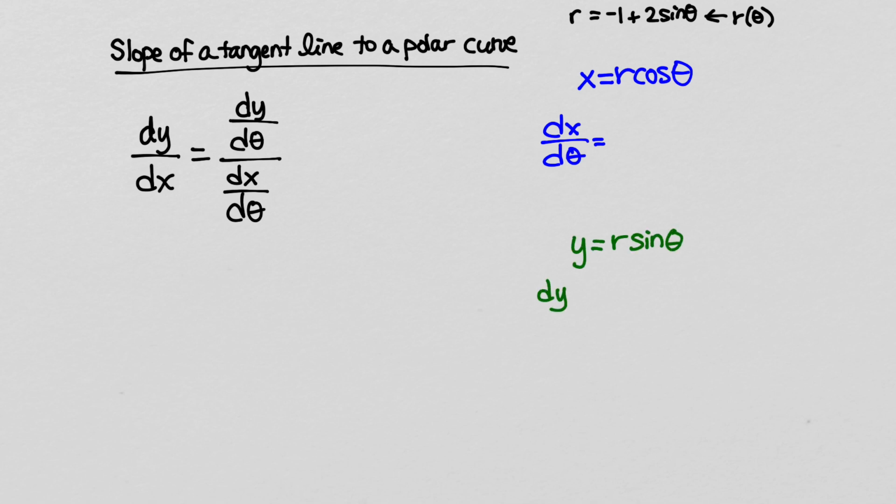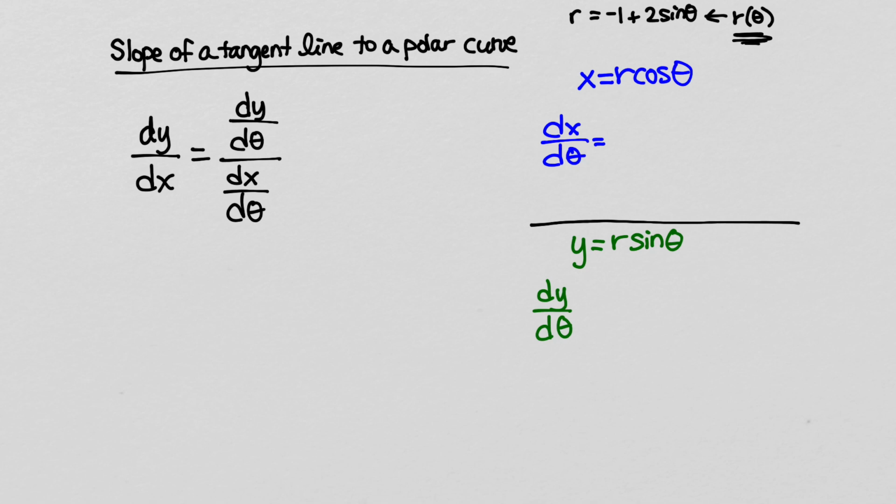and if I want to find dy d theta, I'm going to go back to this relationship here with x equals r cos theta, y equals r sine theta, and use the fact that r itself is a function of theta. To take the derivative of x with respect to theta, I have a product involving two functions of theta, r and cosine.